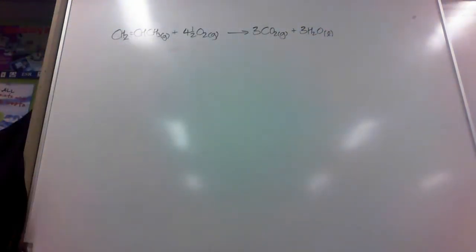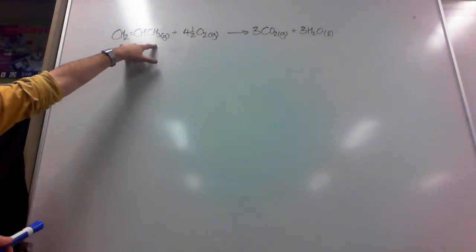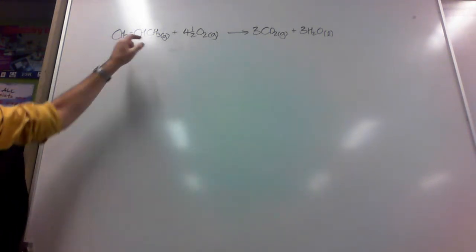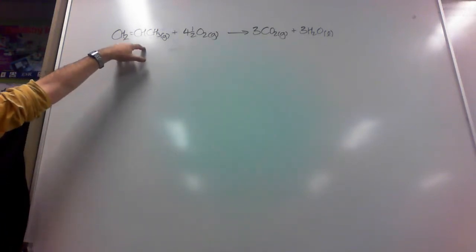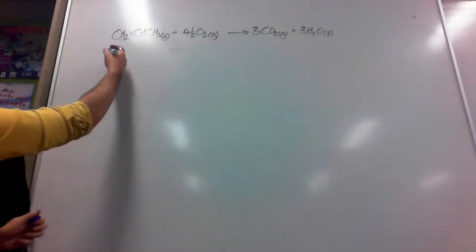Okay, so that's the equation I'm after. That's what I want to make. The first equation I'm going to copy down, because it's got stuff in there that I need, is this turning into propane, because it's got propane on the left-hand side as a reagent.